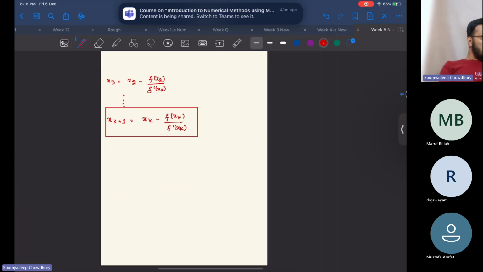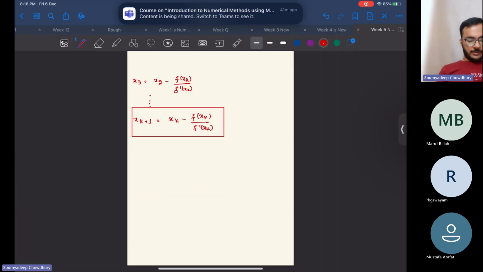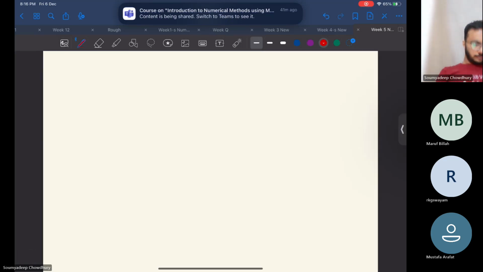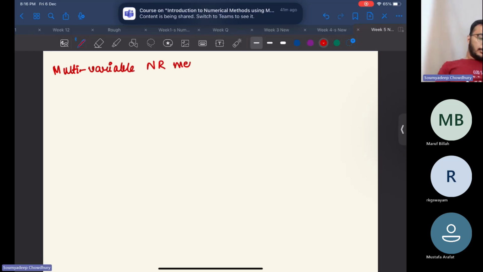So now we will see the multivariable Newton-Raphson method. In the multivariable Newton-Raphson method, again, we will have two equations and two unknowns, right?